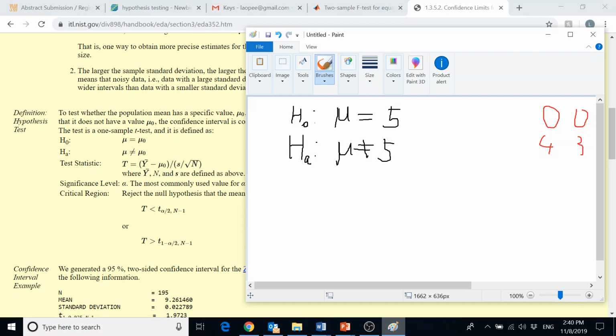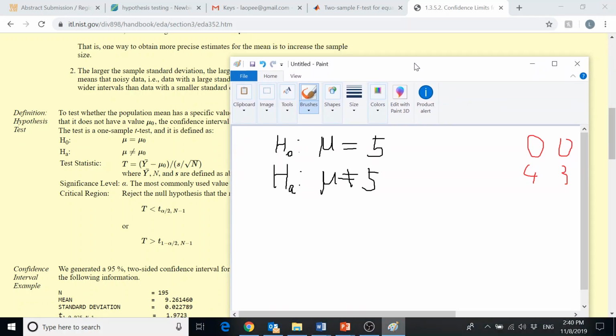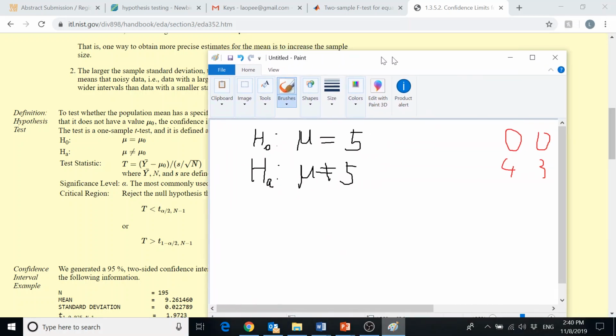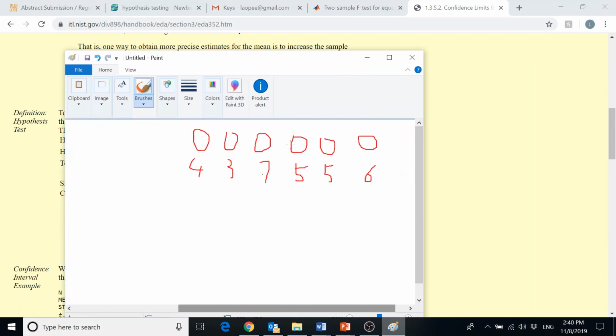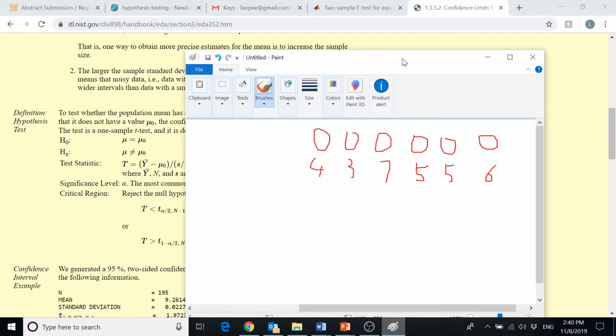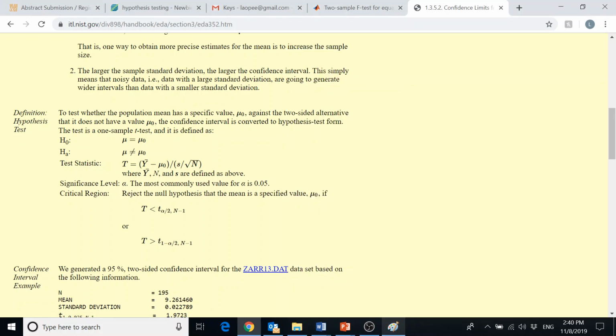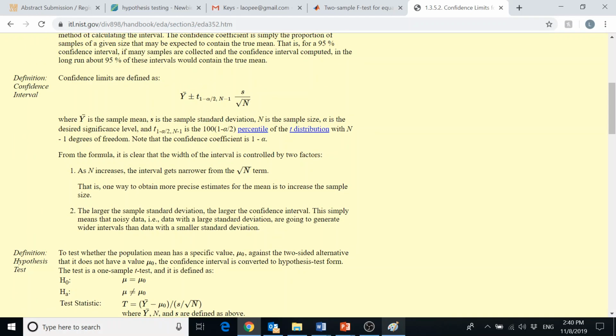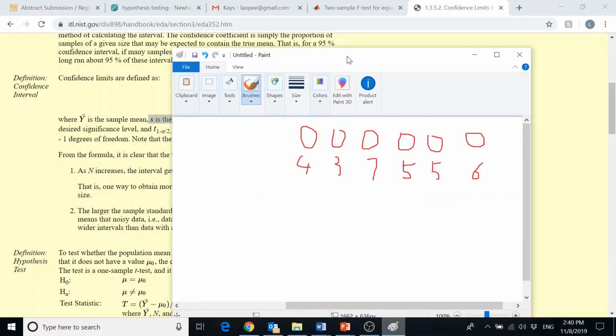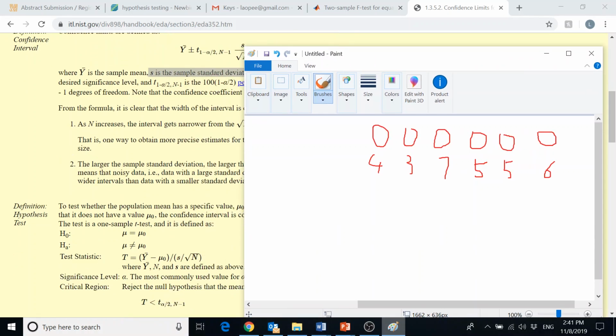You calculate y bar, the average of your sample. The n is 6, since you have 6 numbers. S is the sample standard deviation, which you can calculate from those 6 numbers. Then you can come up with the t-statistic.